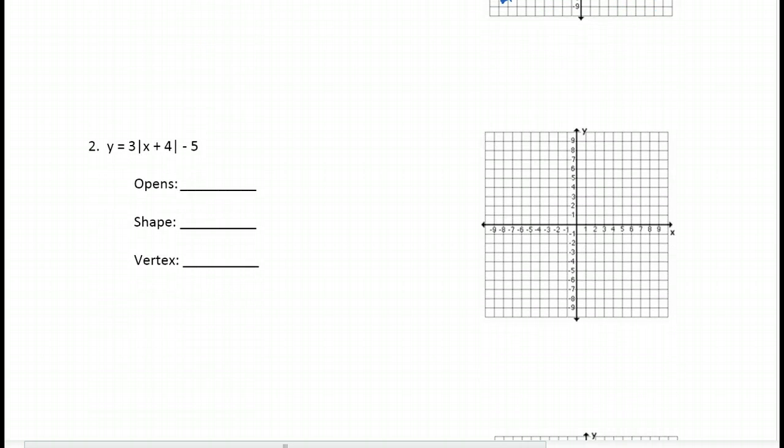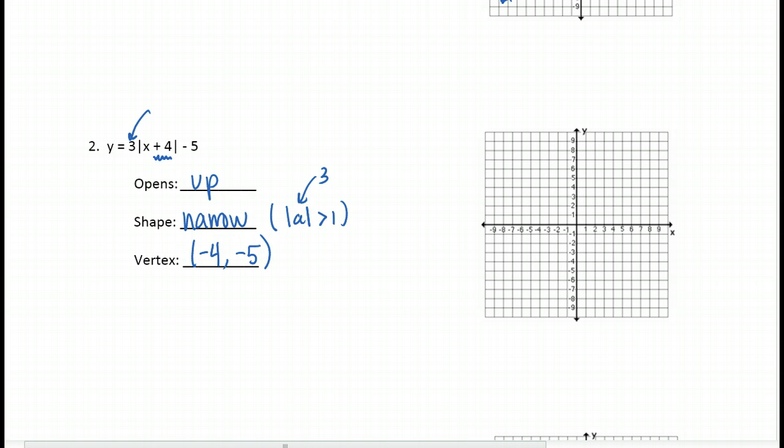So let's look at number 2. How does it open? Hopefully well said, up, because this 3 is positive. And then the shape is narrow, because the absolute value of a is greater than 1. And if you plug 3 in here, that works. And what's the vertex? So I have 4 inside my absolute value, so I have a negative 4 x value, negative 5.